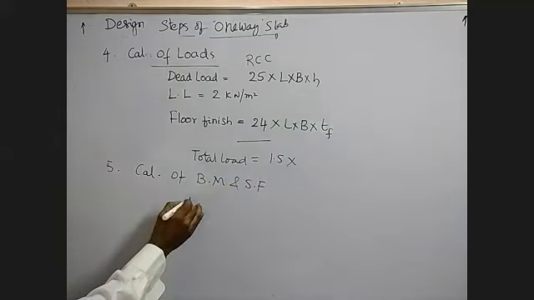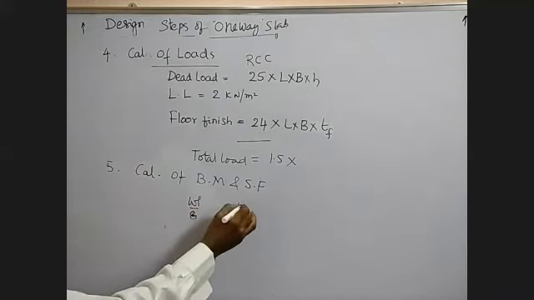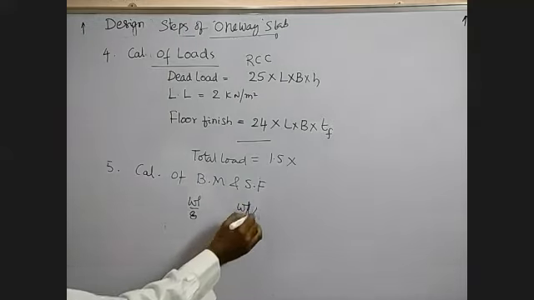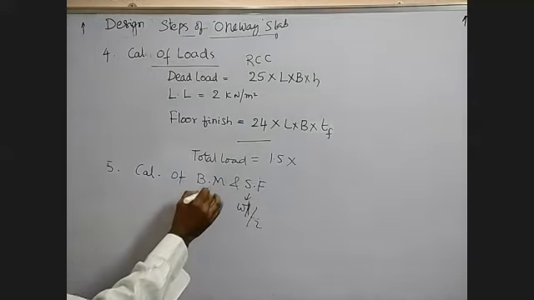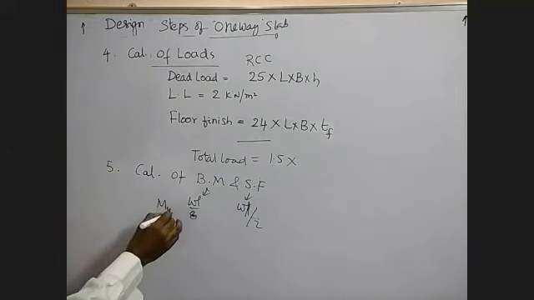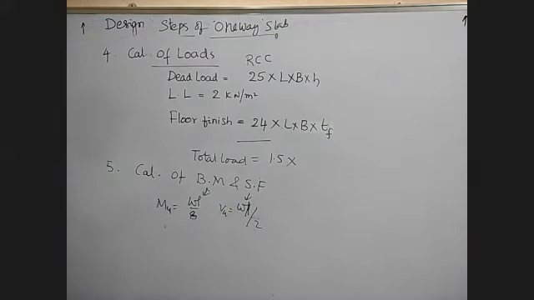For a simply supported slab, the bending moment is WL square by 8 and the shear force is WL by 2. These give MU and VU. That is the fifth step.